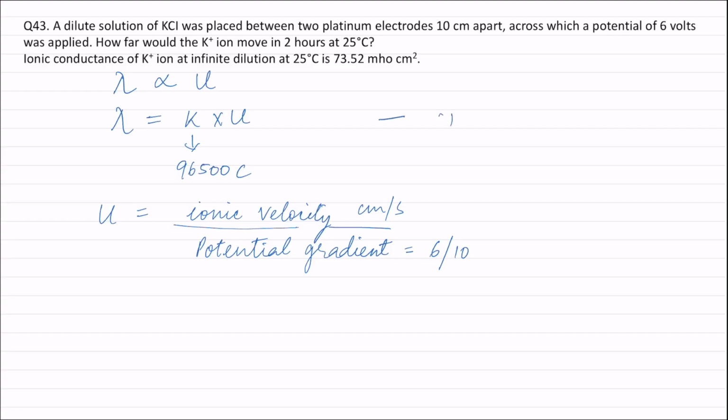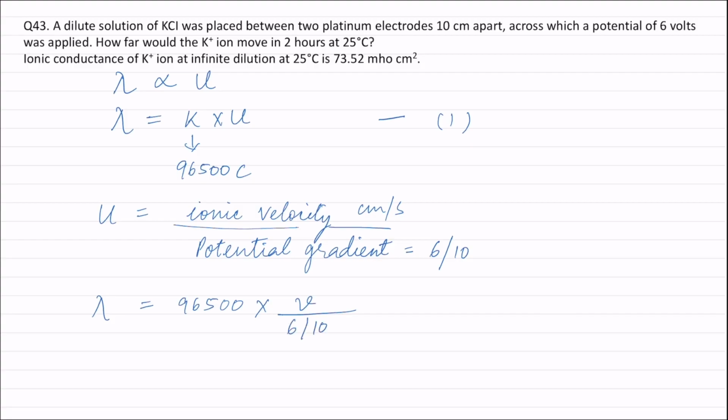Let this be equation 1. Now putting the value of ionic mobility in equation 1, the value of equivalent ionic conductance will be equal to 96500 into ionic velocity, let it be V, divided by potential gradient, which is given as 6 by 10.